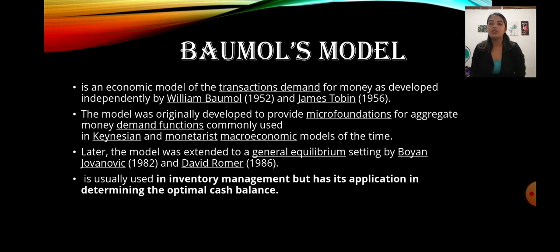The model was originally developed to provide a microfoundation for aggregate money demand functions commonly used in Keynesian and monetarist macroeconomic models of the time. Later on, the model was extended to a general equilibrium setting by Boyan Jovanovic in 1982 and David Romer in 1986. It is usually used in inventory management but has its application in determining the optimal cash balance.